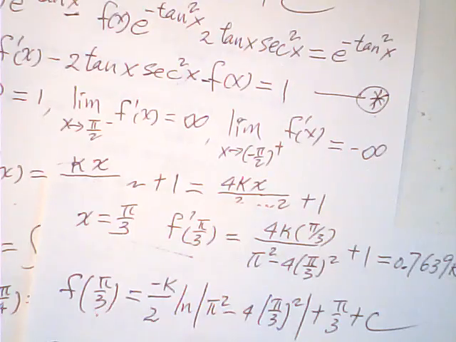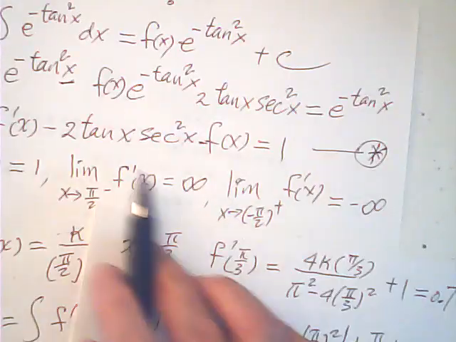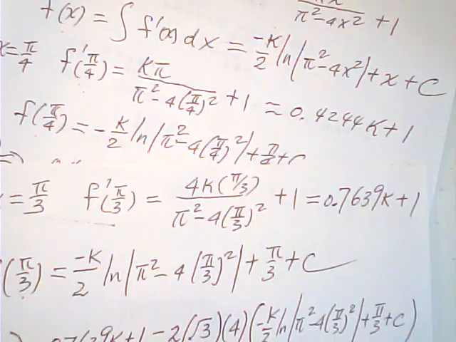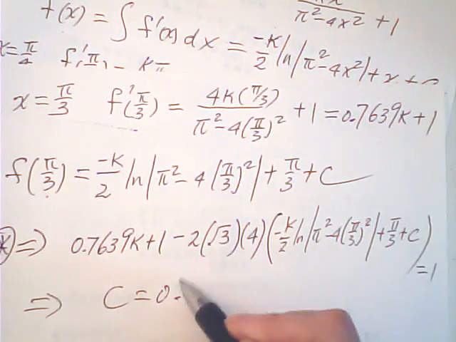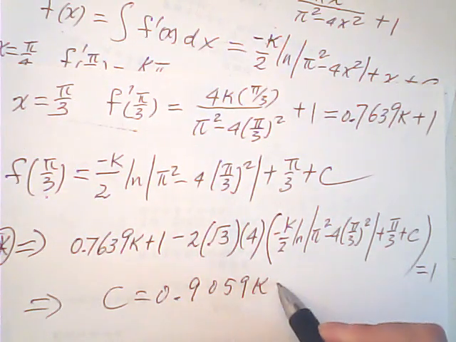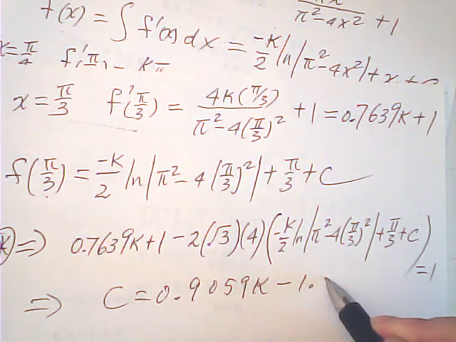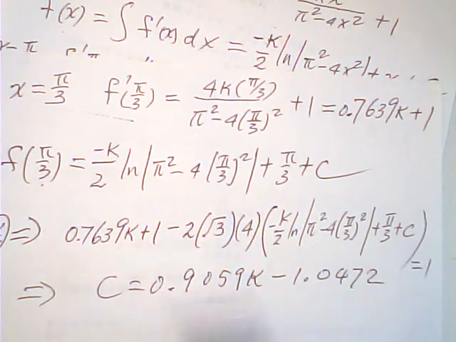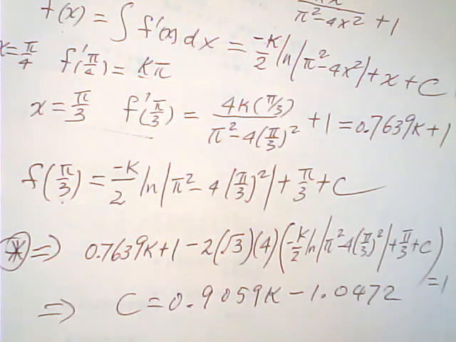That is the star. Then we simplify. We get c is equal to 0.9059k minus 1.0472. Well, this is just a calculation, nothing else.